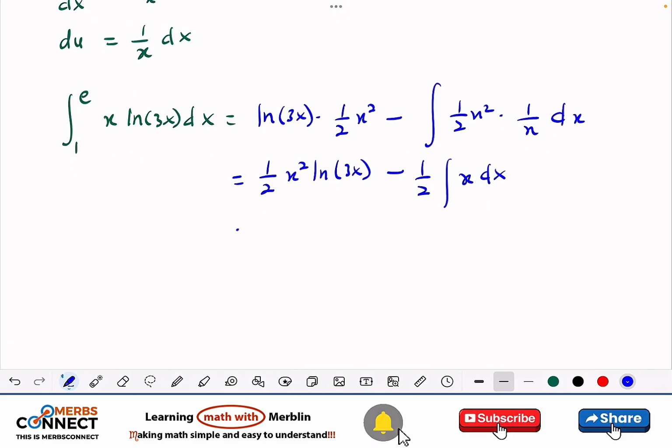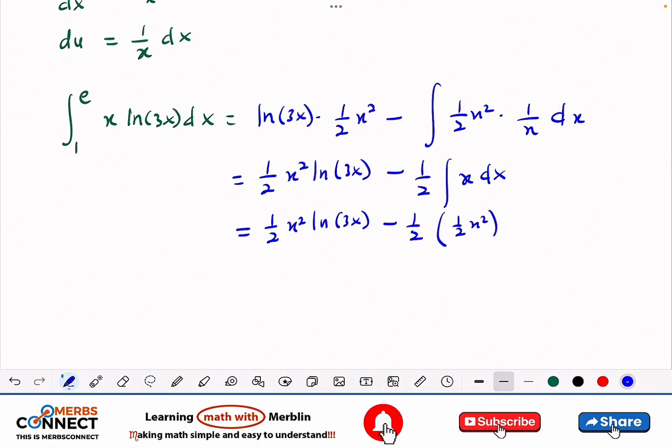This is 1 over 2 x squared natural log of 3x minus 1 over 2. When I integrate x, I'm going to have 1 over 2 x squared. But remember, this is definite, so I'm going to have it from 1 to e.